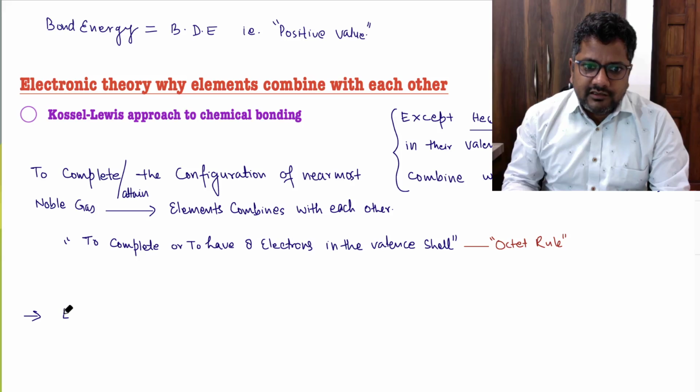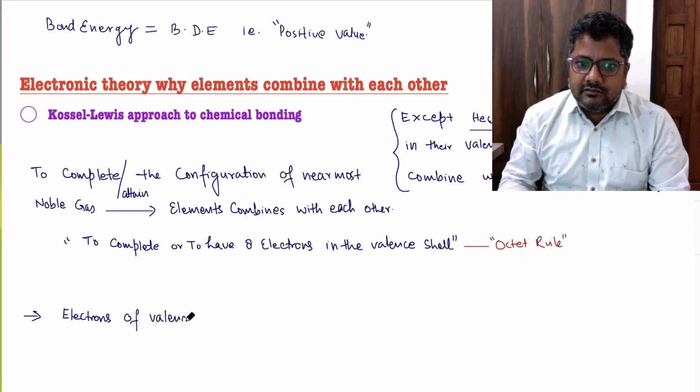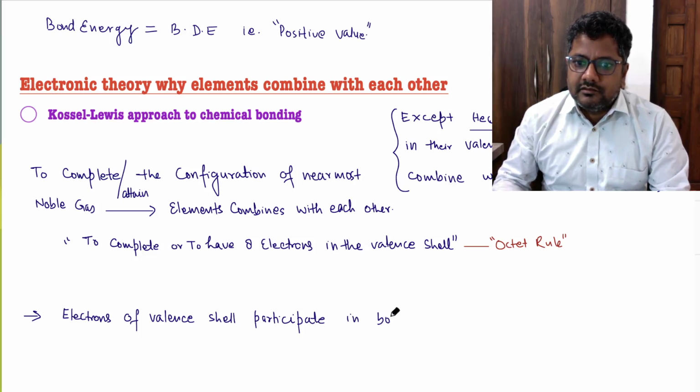So electrons of the valence shell, this is a very important point, participate in bond formation. Right?